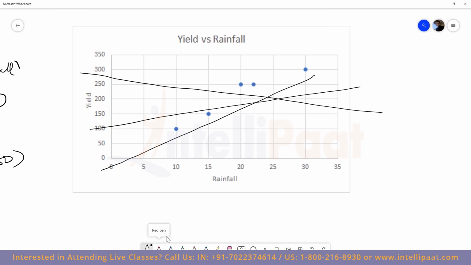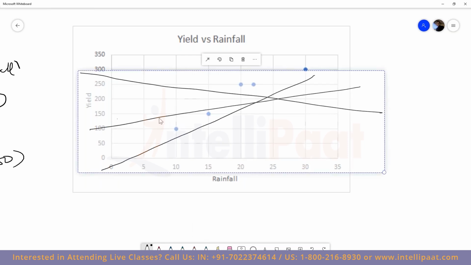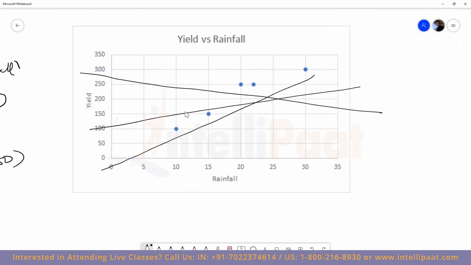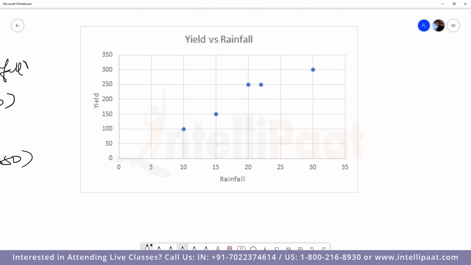For simplicity's sake, let's actually take two, just so that working with it becomes relatively easier. Let's take two simple lines. Red line, which goes like that, and then we'll take a green line, which goes the other way around. Sorry, let's go that way. Yeah, I have the red line and I have the green line. So quickly speaking, out of these two lines, each of these lines has a different slope and a different intercept value.